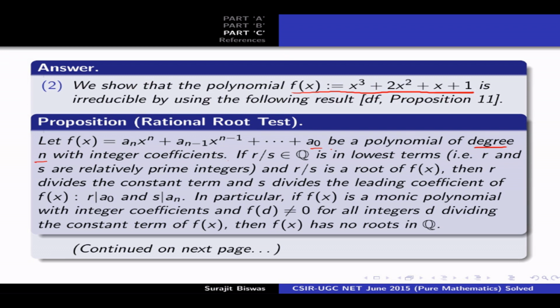If r/s in Q is in lowest terms, that is, r and s are relatively prime integers, and r/s is a root of f(x), then r divides the constant term and s divides the leading coefficient. In particular, we are not reading this out, you can see it by yourself.